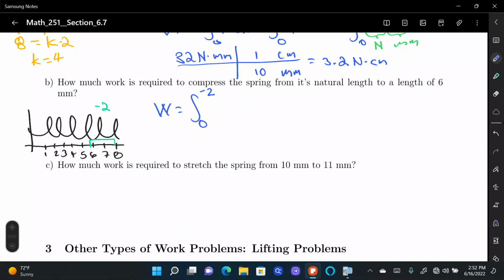Notice something. Hooke's law is a linear function because the power of the variable is 1. When we integrate a linear function, that becomes quadratic. When you get a quadratic function, whether you evaluate it at a positive or a negative value, it's always going to be positive.